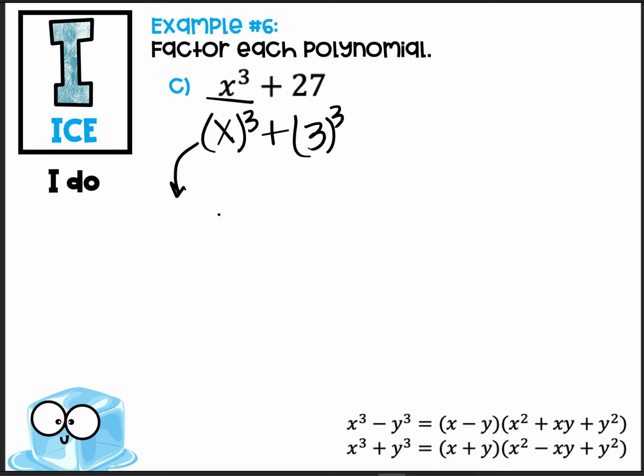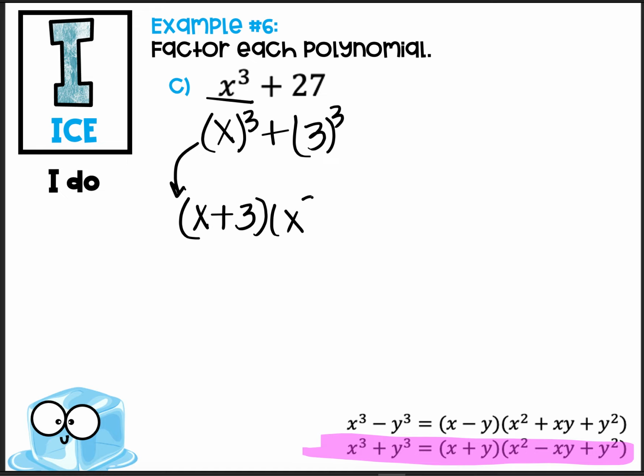As per my formula, the factored form would be x plus 3, yes, x plus 3, because I'm using the second one. I need to focus on which one I'm doing. Times x squared minus 3x plus 9, which is 3 squared. This is my factored form.